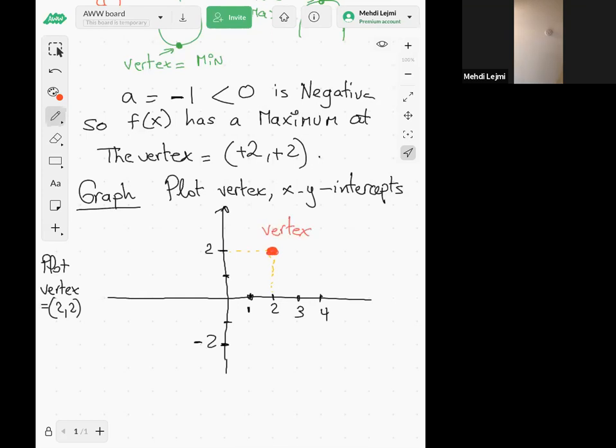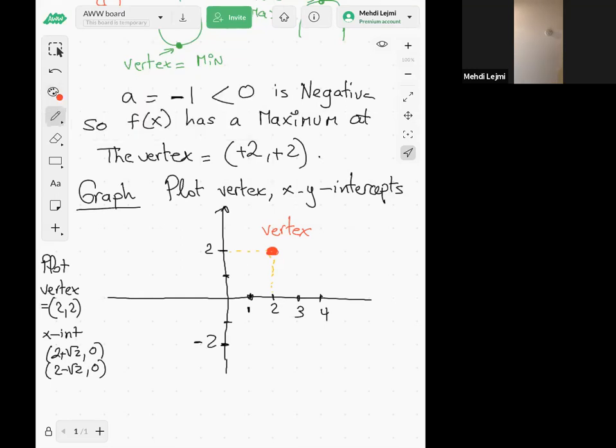Next, the x-intercepts. We said they are 2 plus square root of 2, 0, and 2 minus square root of 2, 0. You can use a calculator to approximate the square root of 2, which is about 1.4. So 2 plus 1.4 is about 3.4, a number between 3 and 4.